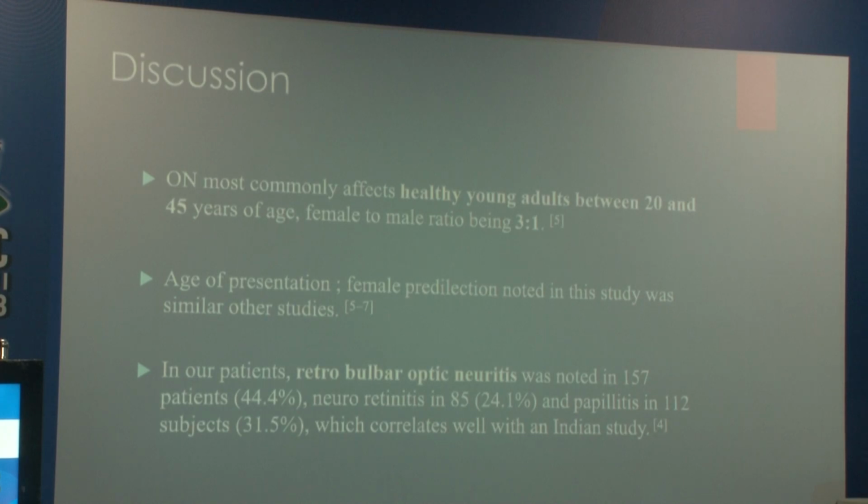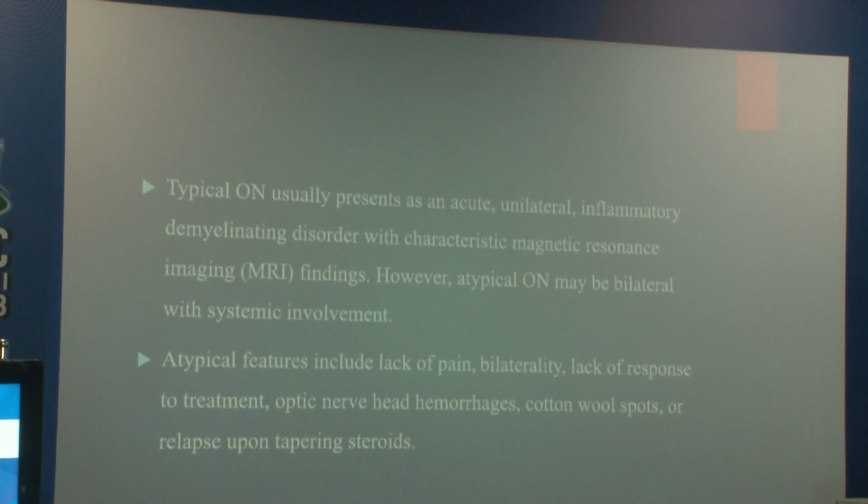In our patients, retrobulbar optic neuritis was noted in 157 patients, which is about 44.4%, neuroretinitis was noted in about 24%, and papillitis with disc edema was noted in 31%, which correlates well with an Indian population. Typical optic neuritis presents as an acute unilateral inflammatory demyelinating condition with characteristic MRI findings.